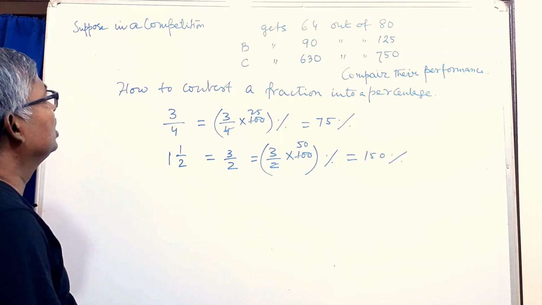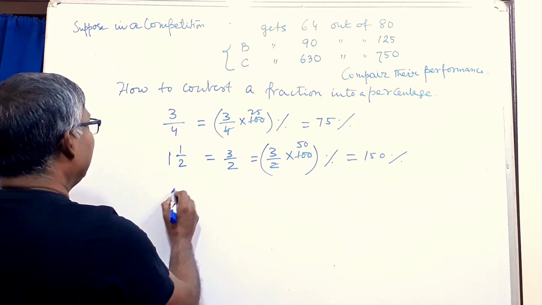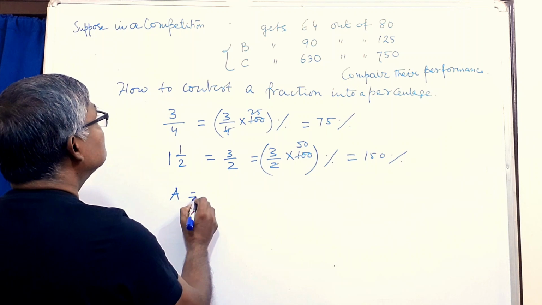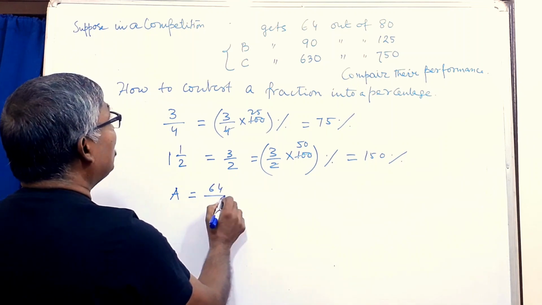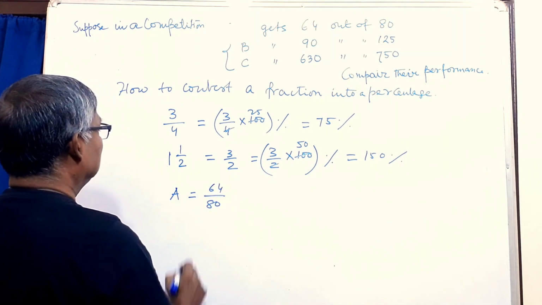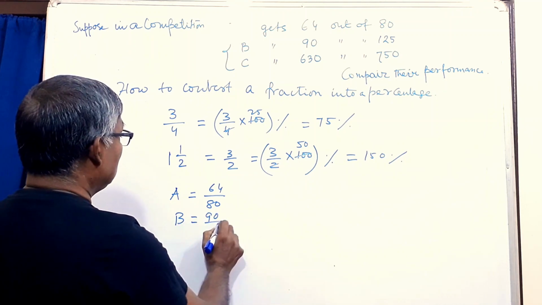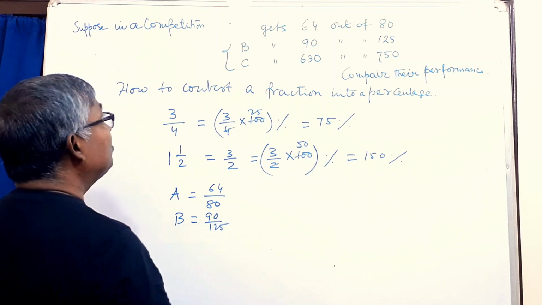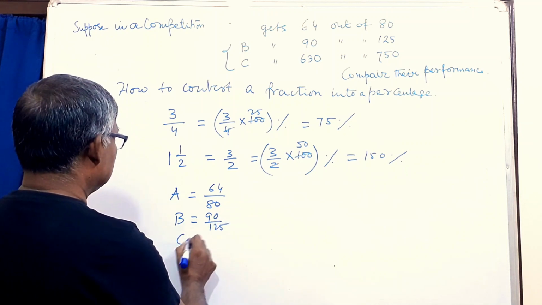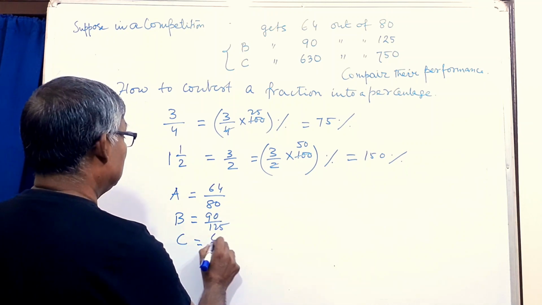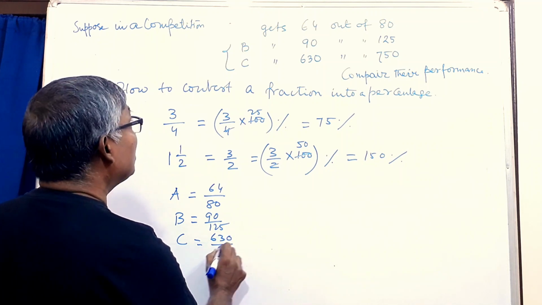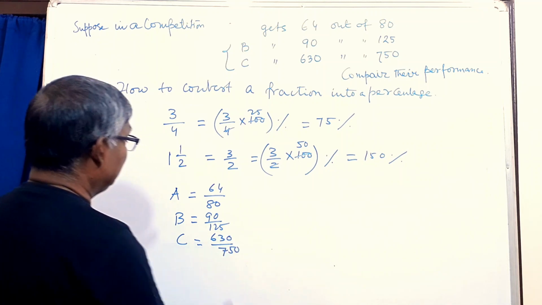So here we see A gets 64 out of 80, B gets 90 out of 125, and C gets 630 out of 750.